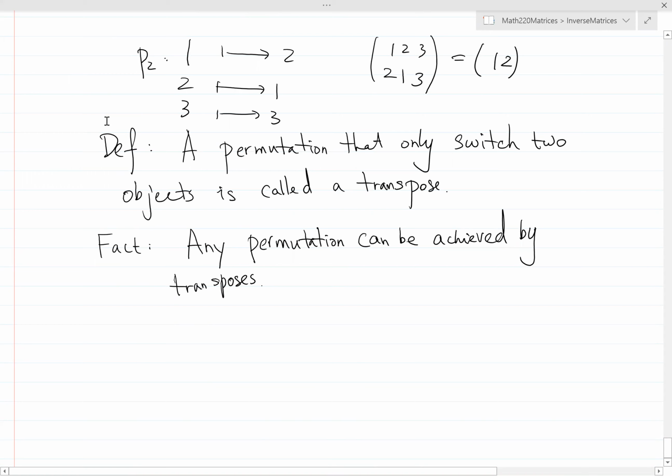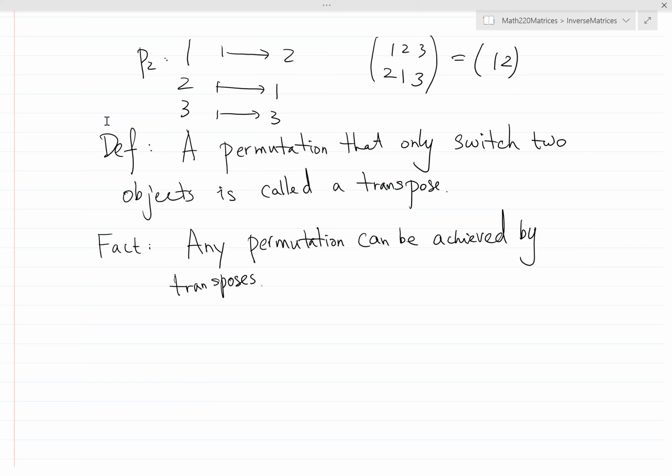Now, if you think about it, you can achieve any permutation by just using transpositions. Suppose you want to arrange n objects 1, 2, 3 all the way to n in any order you want. You start with 1, 2, 3 all the way to n, and then you switch two objects at a time. Then you can achieve any order. So this is what it says.